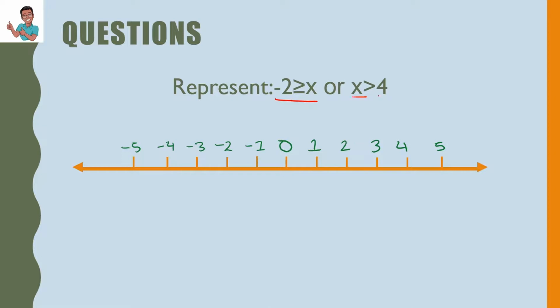Now we have the number 4, so we'll draw a circle at 4, and x is going to be greater, so we know it's going to be moving in this direction. We can tell that they're moving in opposite directions, therefore we do not draw a line between those two circles. This is what your answer should look like.